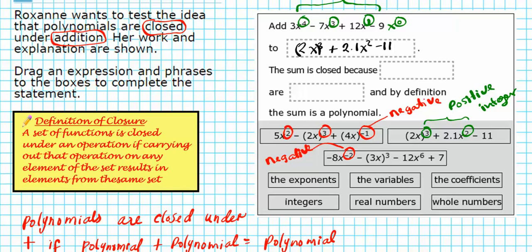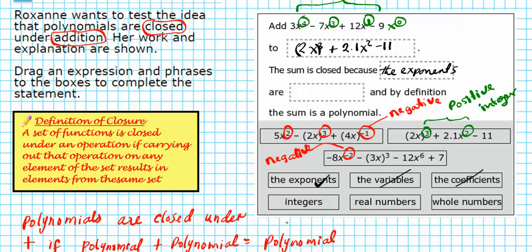So let's put in the first one. Sum is closed because the exponents has to be, okay, so this is good. Variables makes no sense. Coefficients, no. Integer, real, or whole numbers, which of them is correct?